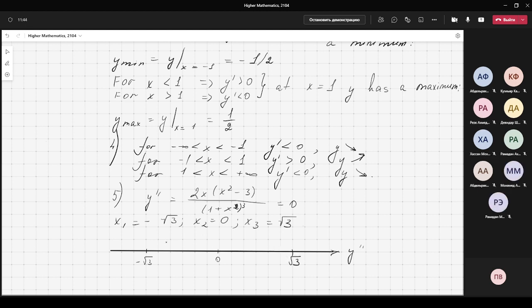For minus infinity to minus square root of 3, y second prime is less than 0. The curve is convex. From minus square root of 3 to 0, y second prime is greater than 0. The curve is concave.